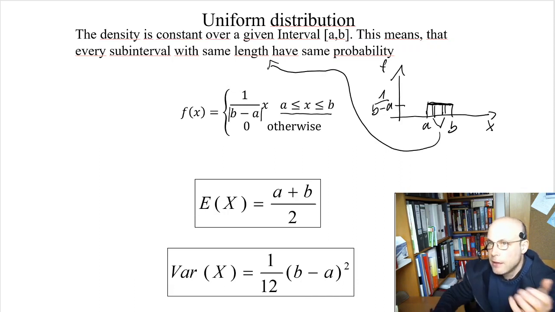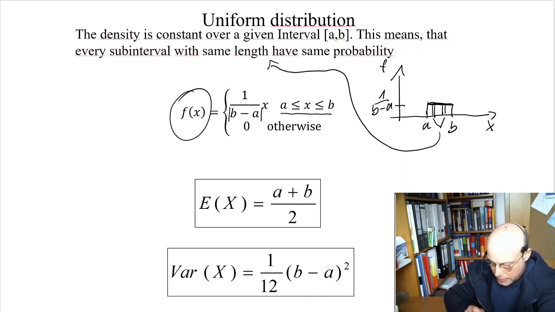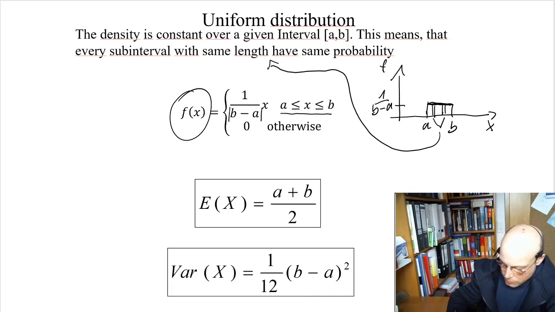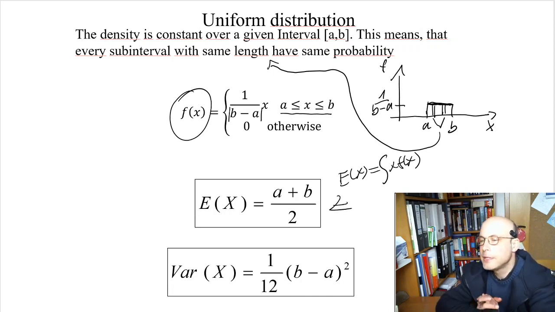And again, if you put this formula here and just say, okay, I want to calculate E of x, which is the integral of x f of x, then you end up, very surprisingly, in a uniform distribution with the arithmetic mean of a and b.